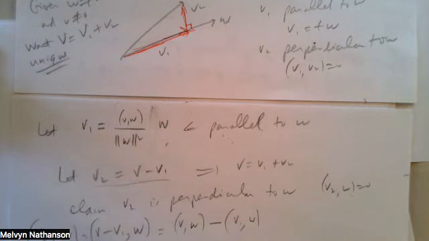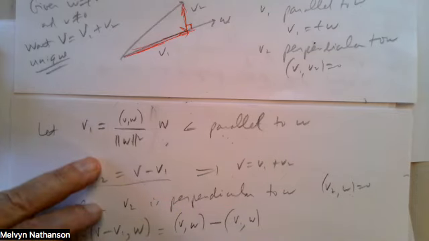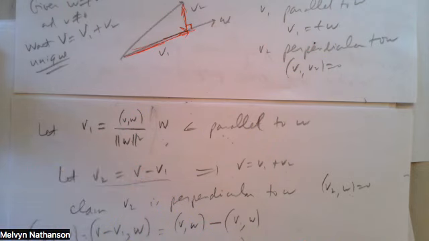Well, V2 is V minus V1, that inner product with W. By bilinearity, this is the inner product of V with W minus the inner product of V1 with W. This is the inner product of V and W minus the inner product of V1, which is the inner product of V with W over the length of W squared, times W, W. This is a scalar, I can take that outside of the inner product sign.